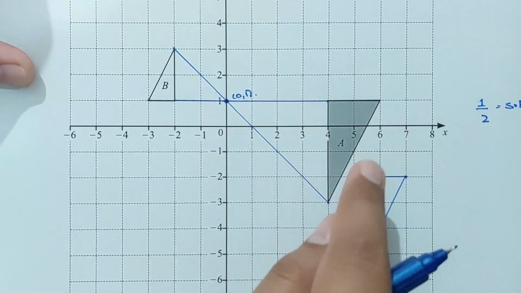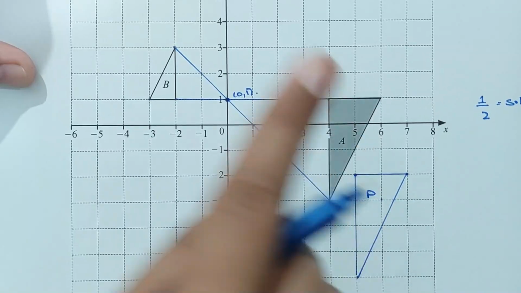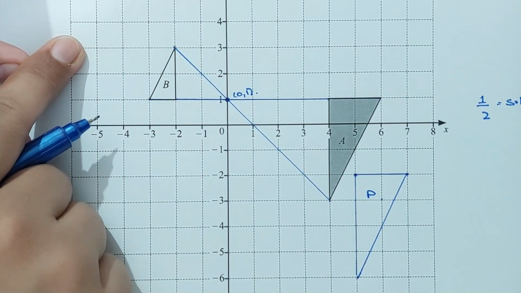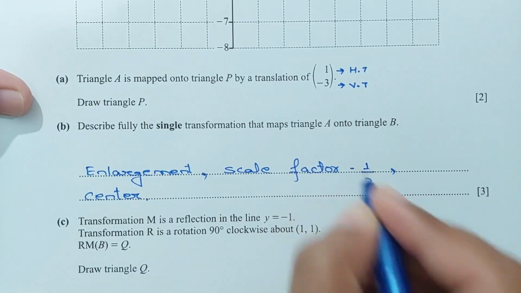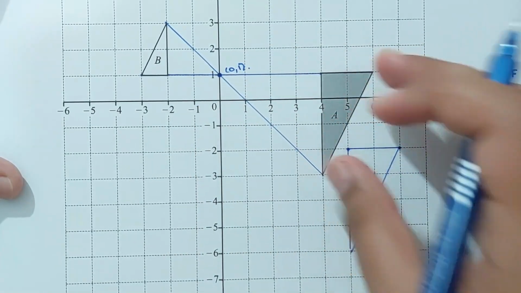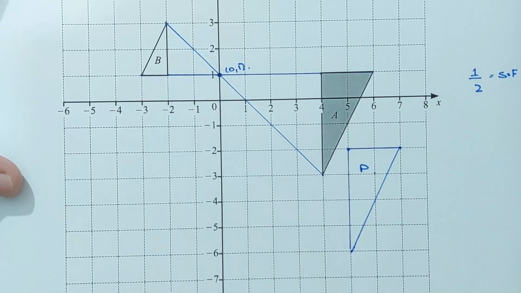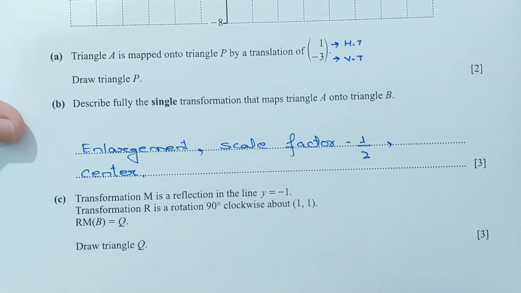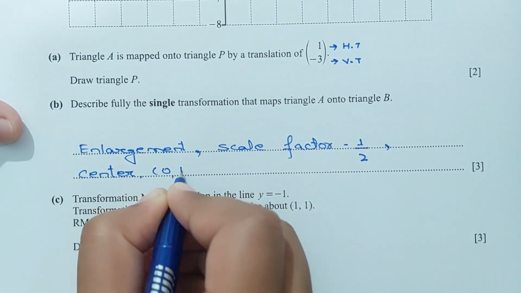And as you can see, the original shape and the transformed shape are on opposite sides of the center. So it means the scale factor is negative. If the transformed shape were on the same side, you would get it over here and the scale factor would be positive. But here we have the negative one. So the center is (0, 1).